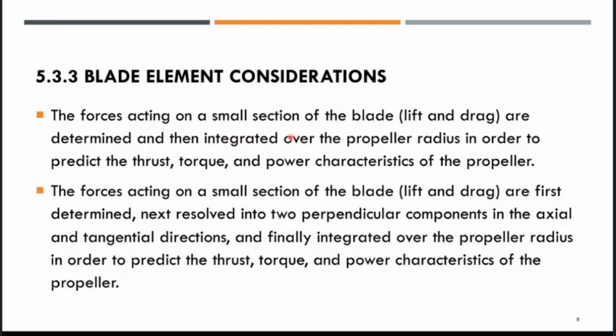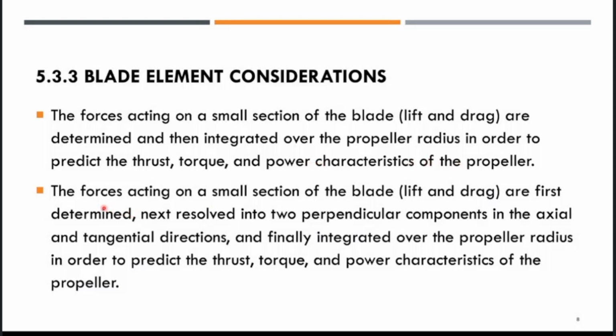The lift and drag are determined and then integrated over the propeller radius, because we want to find out the thrust associated with the blade, the torque, as well as the power characteristics produced by the propeller.